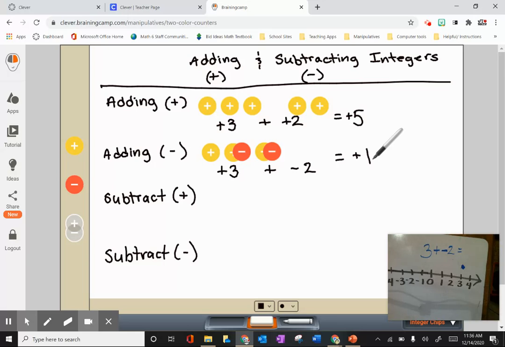So let's say we are going to subtract a positive. That shouldn't be any different than we're used to, because we're used to subtracting positives. So 3 minus positive 2, that's just saying you have 3 and you want to take away 2.